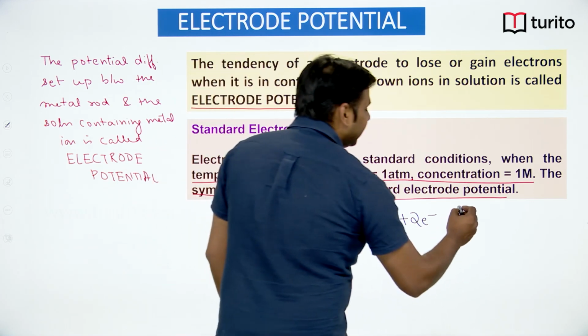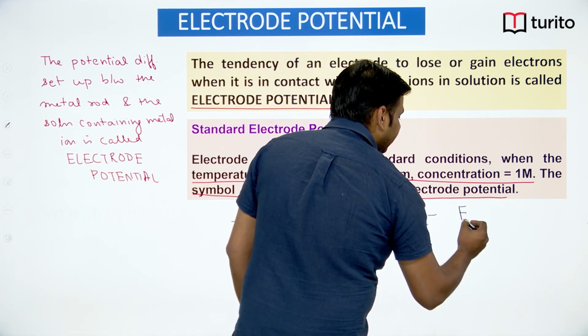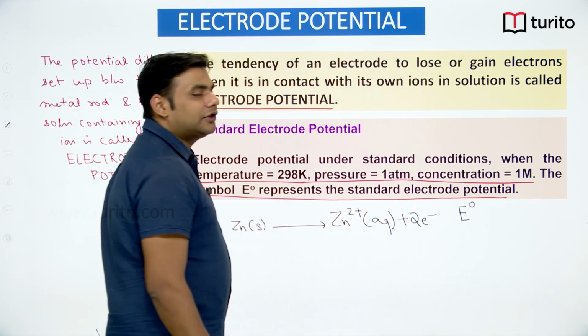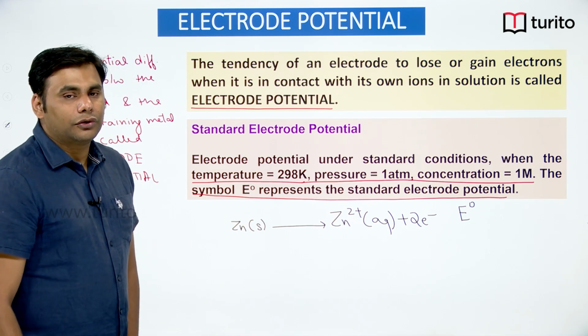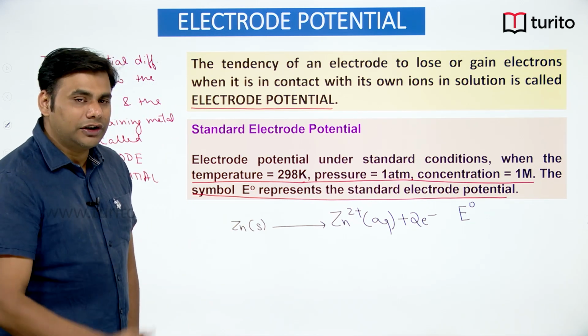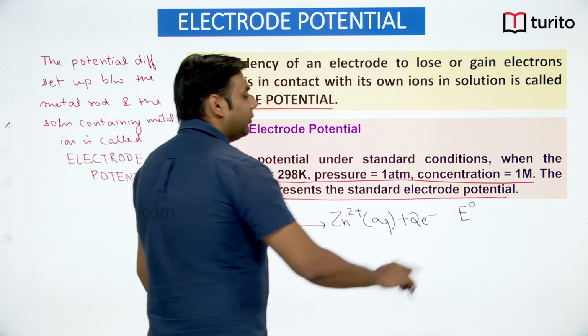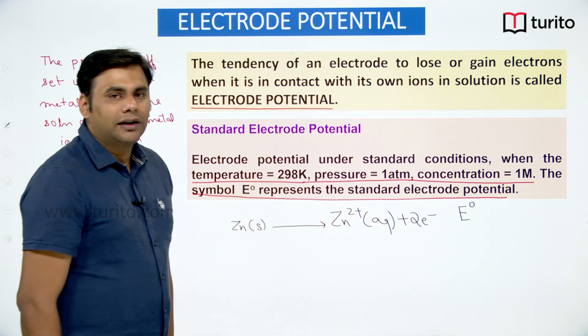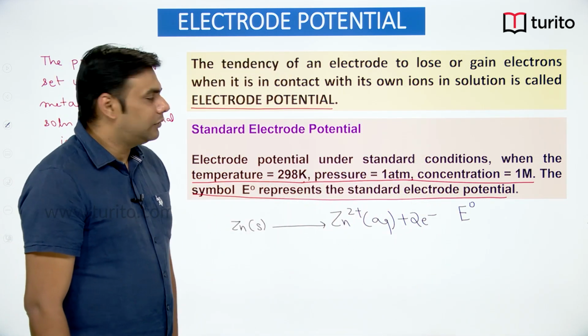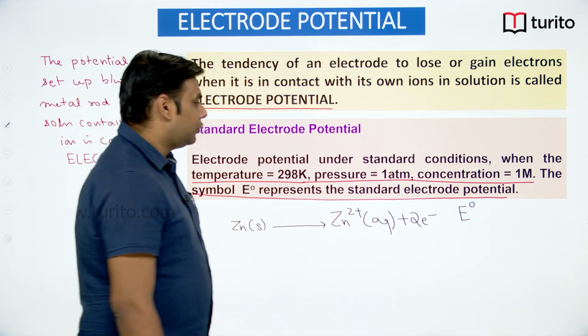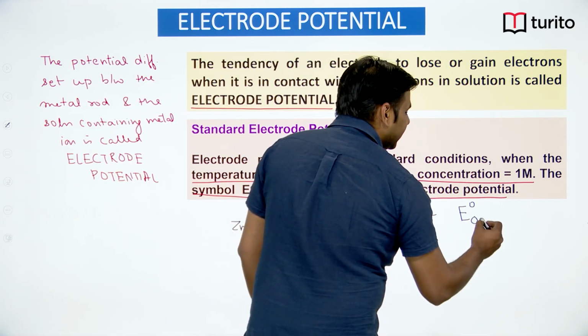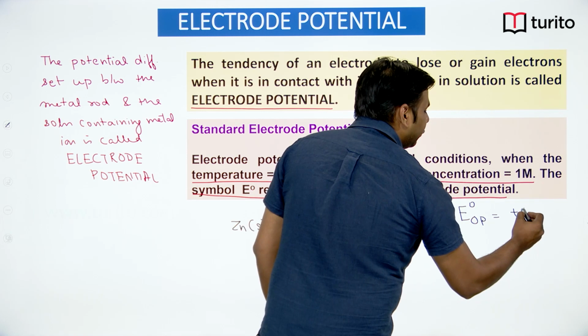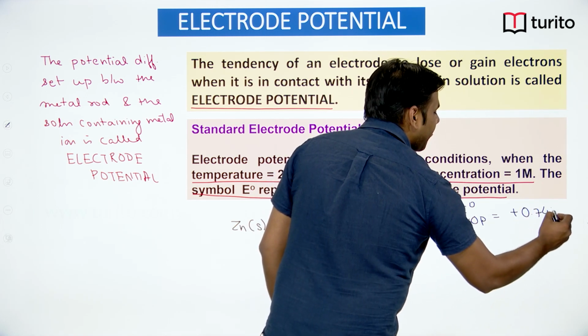So we will write its oxidation potential. If we want to write the standard oxidation potential, it would be written by E naught, the naught representing that all the conditions are standard ones. So E naught OP is equal to plus 0.74 volt.